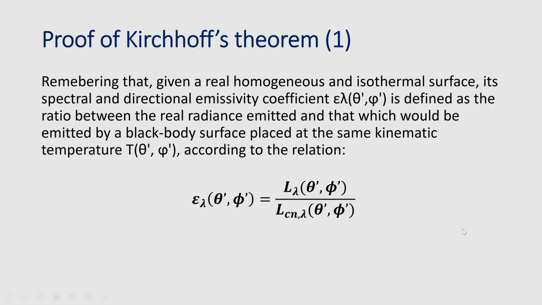And we mentioned the fact that this coefficient, the epsilon, is a dimensionless quantity ranging between 0 and 1, and the epsilon will be 1 when we are facing, of course, a black body, and is less than 1 for every single real surface. Alright?